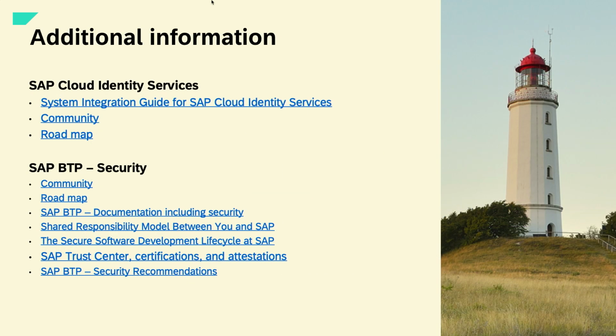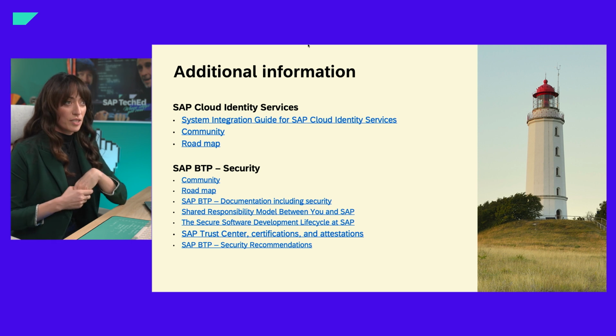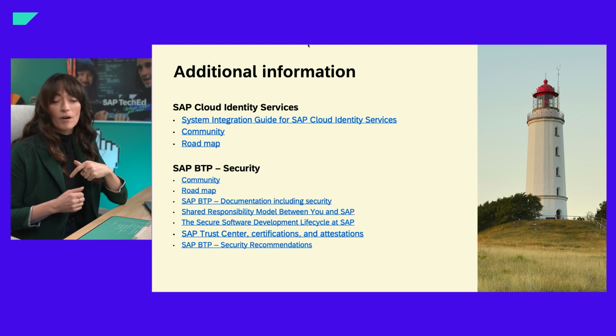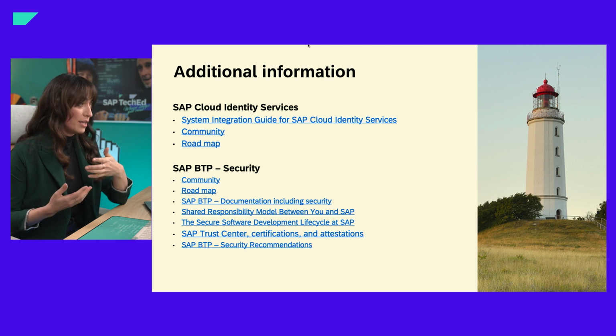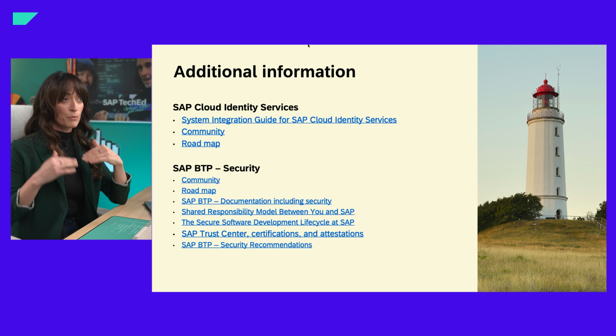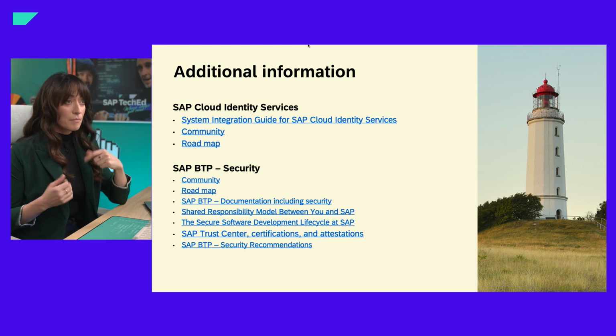I hope that now you're curious to learn more about this. So we have packed here for you more links where you can find more information about the services which we have presented. For the Cloud Identity Services, we have packed here the system integration guide, which points to our official product page. From here, you can learn more about the reference architectures, and this also will forward you to the different services.